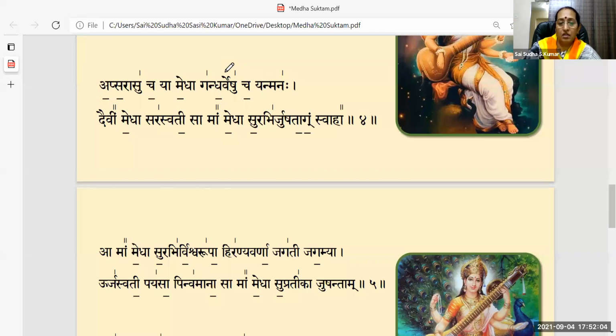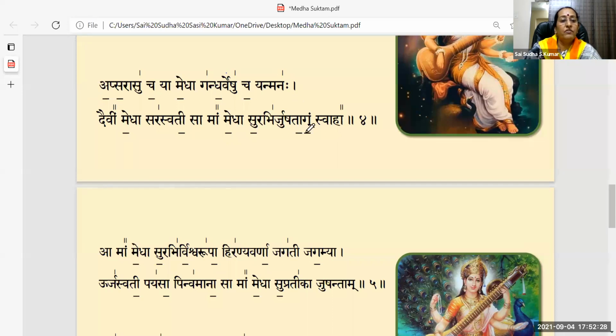It should not be R and Ve, where R would be a different letter and Ve a different letter. Here it is Rve, so it cannot be Gandharveshu. It has to be Gandharveshu Chayan Manaha.